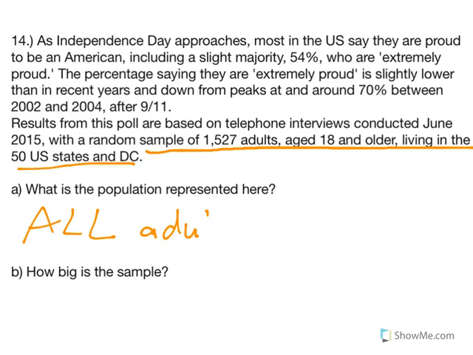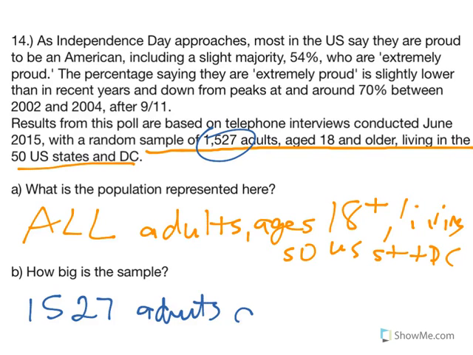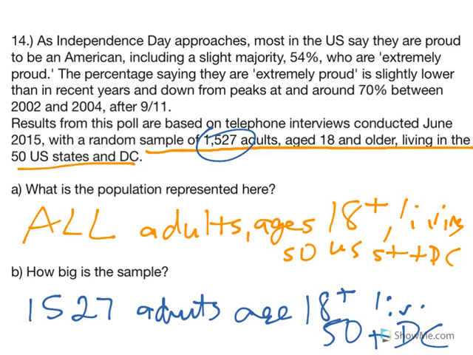So all adults aged 18 and older, and you should put living in the 50 U.S. states plus D.C. You should have all of it because they are being very specific, so you should be very specific. And then what about the sample? Well, the sample is the number. So 1,527 adults aged 18 plus living in the 50 states plus D.C., right? Be specific.